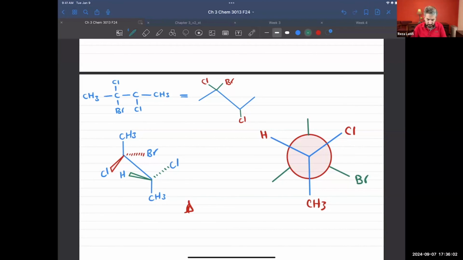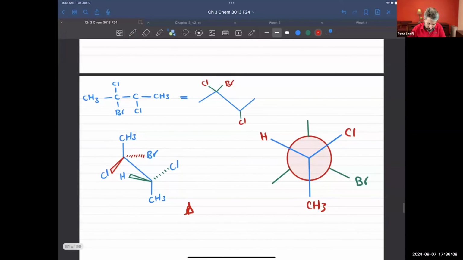Next. What's the dihedral angle between the two methyl groups? This is the front methyl, and I wrote it there. Where is the back one? The back one is here. That's the second methyl group.